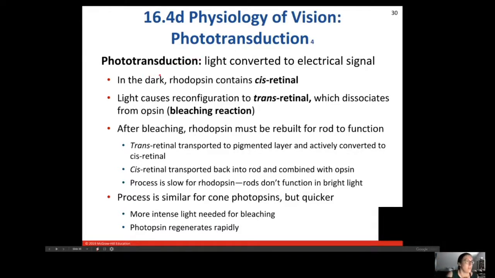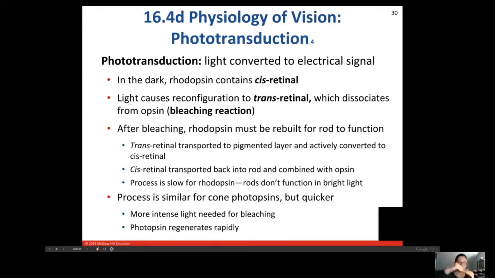Remember that in the dark, we're looking at rods as our example. In the dark, rhodopsin contains what's called a cis-retinol. Light is going to cause this cis-retinol to change into a trans-retinol. These terms just have to do with how the retinol is folded.